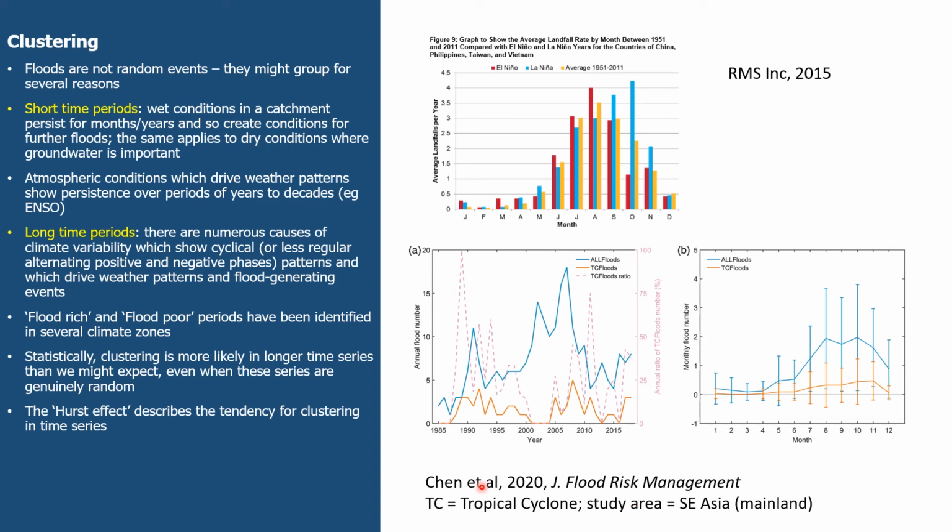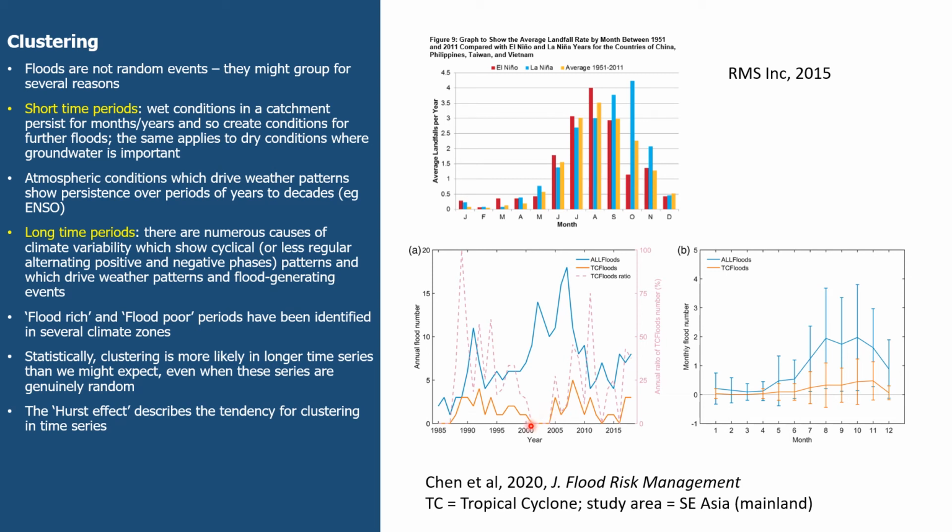And in the bottom example, we are dealing with Southeast Asia as a whole, mainland Southeast Asia, so not including Philippines. And here we have floods from all causes in blue from 1985 through to 2015, with quite a big peak in the 2000s through to 2010. Tropical cyclone generated floods, though, actually there weren't so many of those.